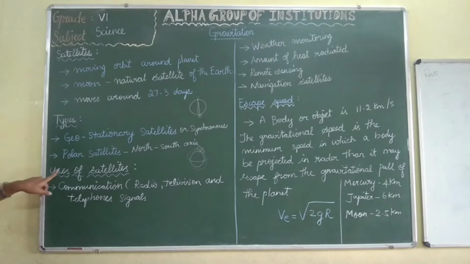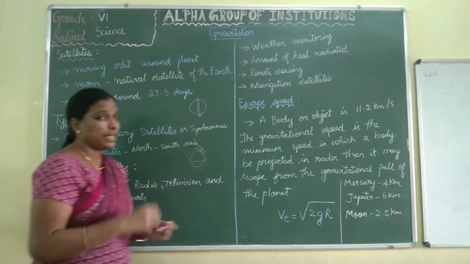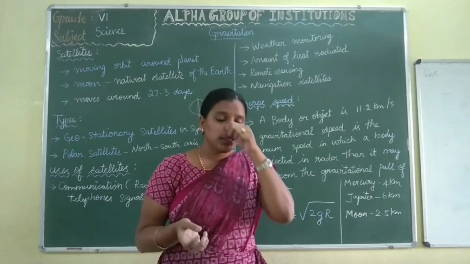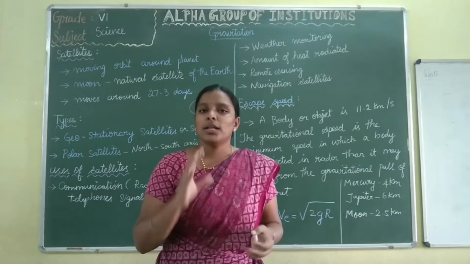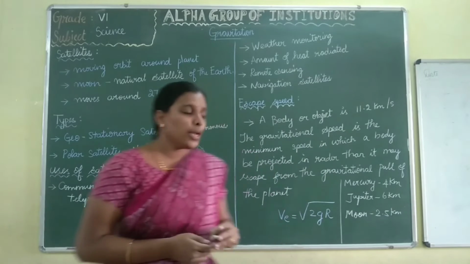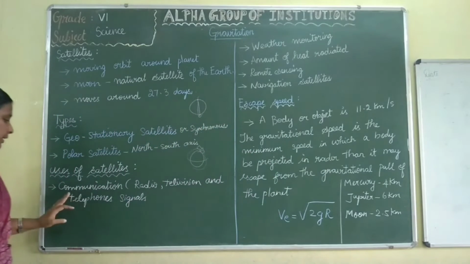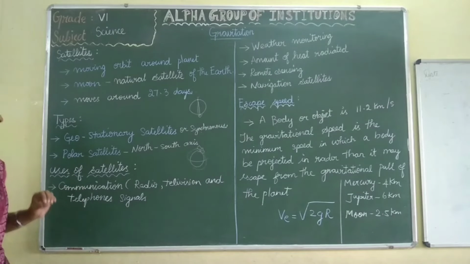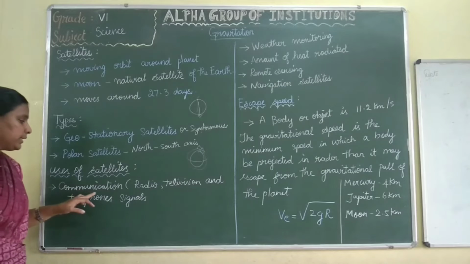Uses of satellites. So what are the uses? The satellite is nothing but for communication. It helps us to communicate, it does all these things, right? So what is the main work that satellites need to do? The use of satellites is nothing but communication. For communication purposes only, the satellite was initiated. How is it communicable?